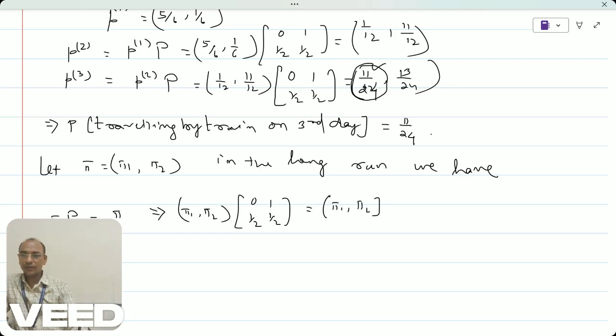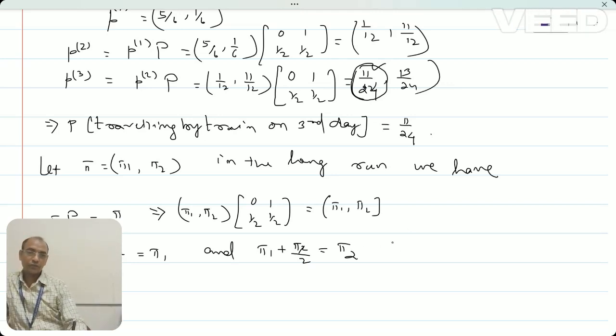If you simplify it, we will get pi 2 by 2 equal to pi 1, and pi 1 plus pi 2 by 2 equal to pi 2.